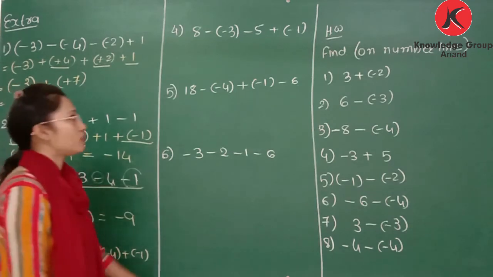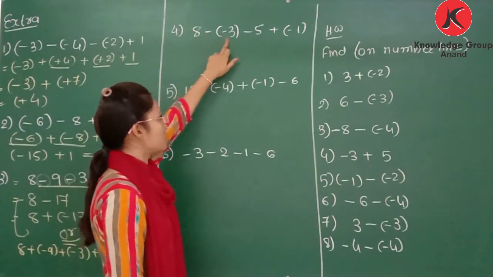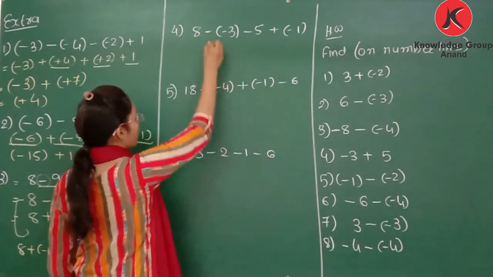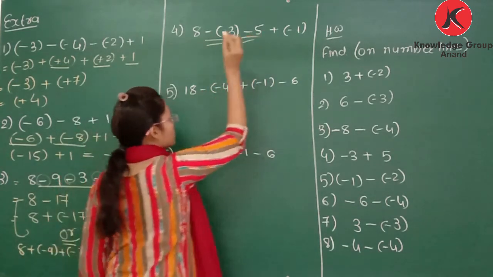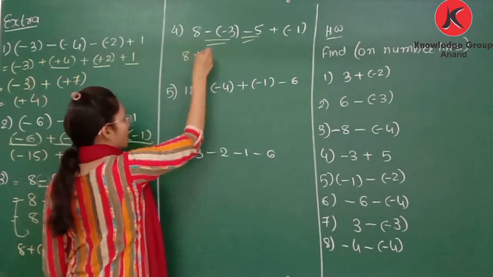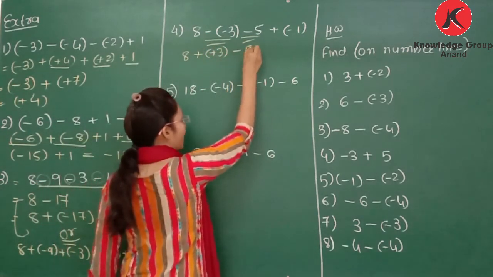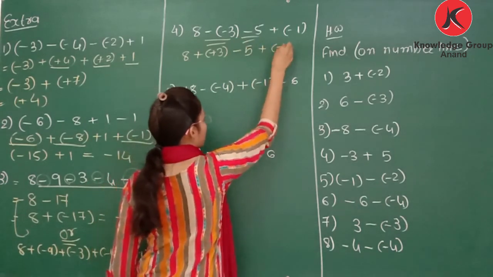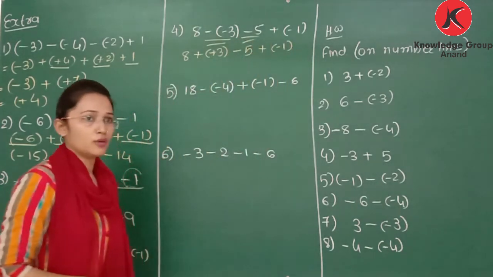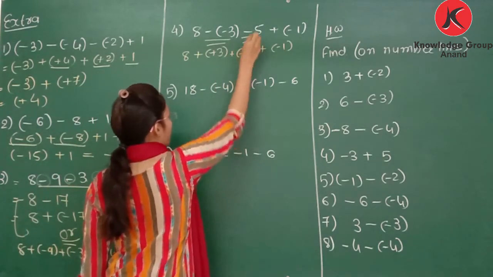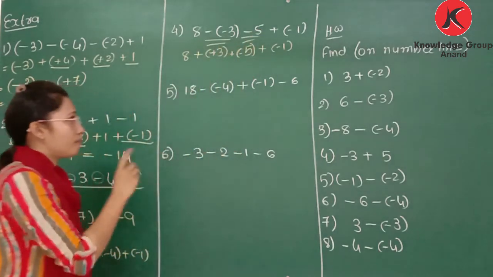Okay. Now next one, 8 minus minus 3 minus 5 plus minus 1. So here what do we need to convert? This one and this. So 8 plus plus 3. If you leave minus 5 as it is, plus minus 1. Okay, let's change the sign. Minus 5 becomes minus 5, minus becomes plus.